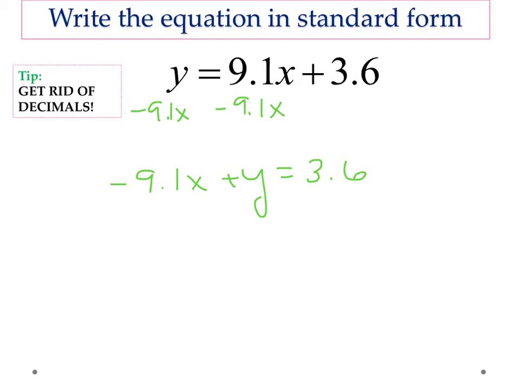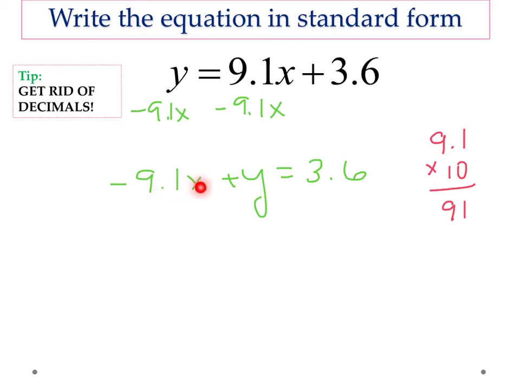So how can I get rid of the decimals? Well, I can move that decimal place over and make this a 91 and this a 36 by multiplying by 10, because 9.1 times 10 is going to give me 91, so the decimal is gone. So you always multiply by 10 or however many decimal places you need to get rid of.